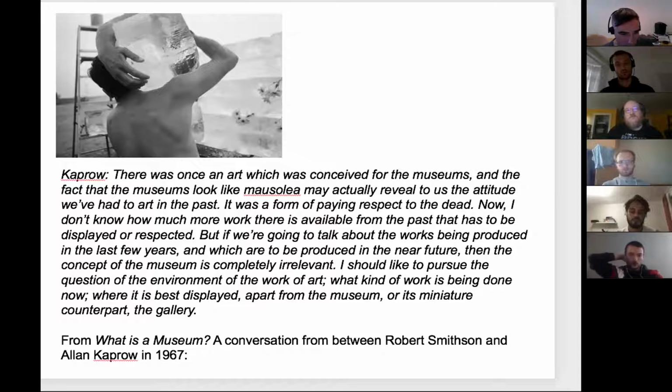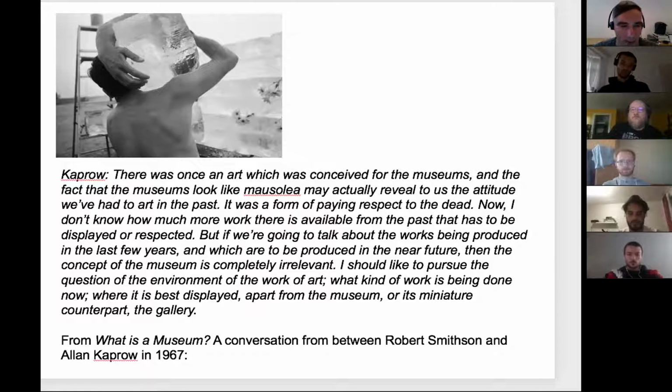He had an antipathy towards the museum as a place that he connected with mausolea. It's a place where things go to die. By the time Kaprow makes this statement in 1967, you have two to three generations of artists in the West and Europe who've associated the museum with a place where art goes to die.